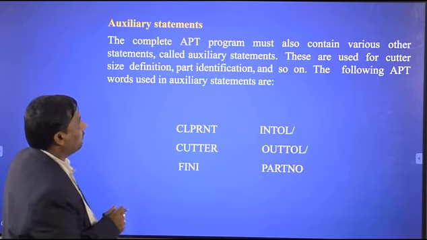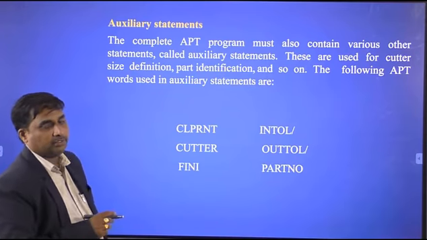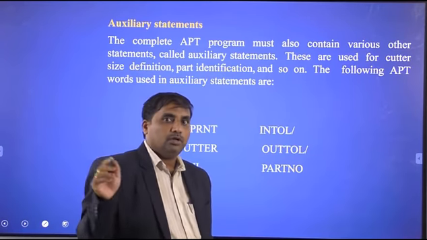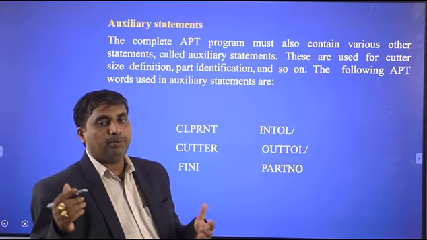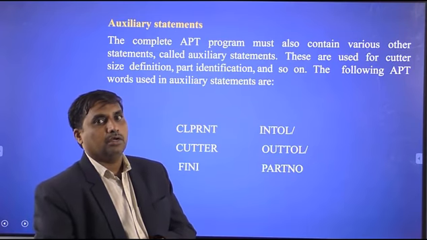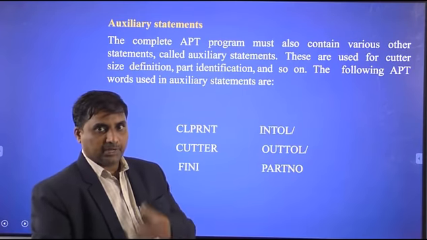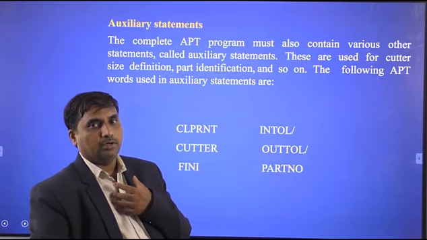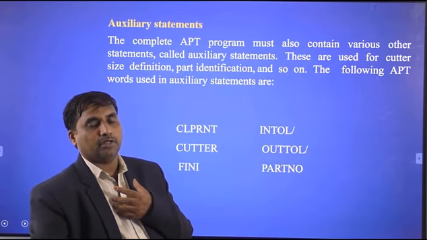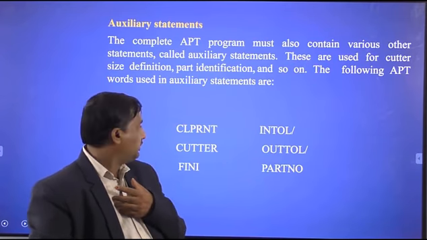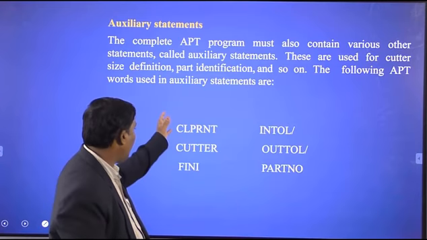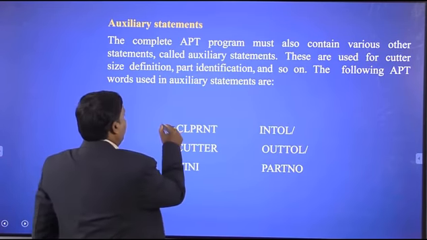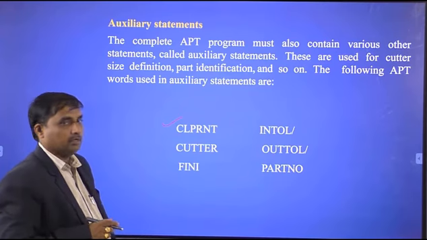Next, auxiliary statements. Auxiliary statements means, for the movement of the cutting tool, what are the auxiliary helping statements? Those statements help us in calculating the offset and other things. So if you observe these, here: clear print. Okay.